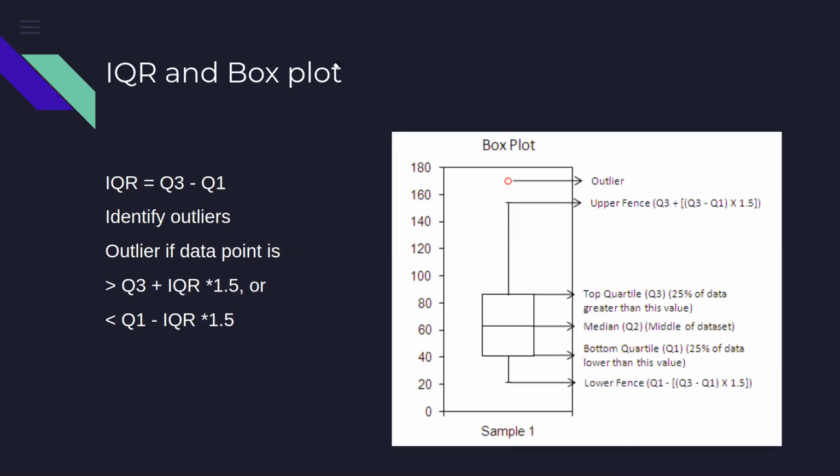You see here, we multiply that by 1.5, and that is what it is called, the box and whisker plot.